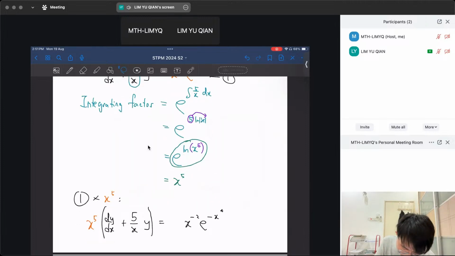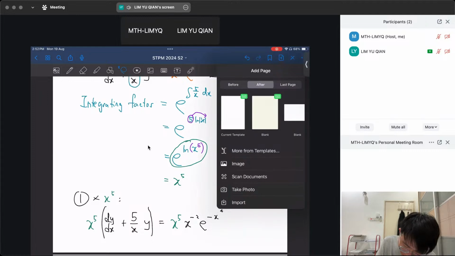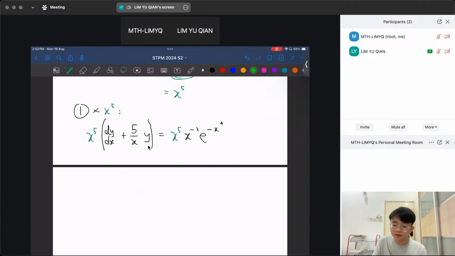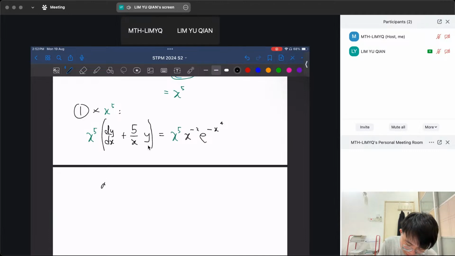Okay, so multiply by another x power 5. Multiply this, multiply that. Whatever the left hand side is, don't care about it, just write d/dx of the integrating factor times y.